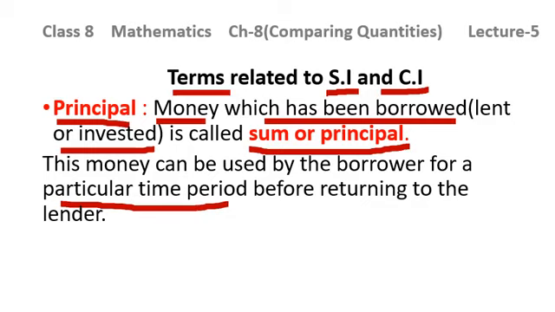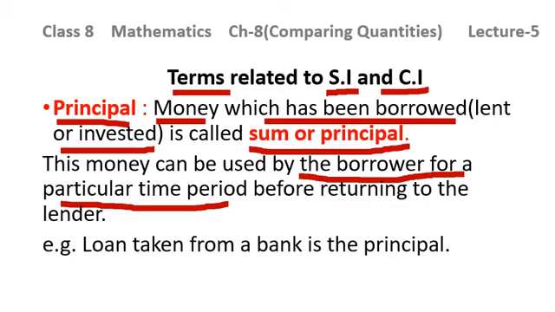Okay, so what do you mean by principal? The money which has been borrowed, lent or invested is called sum or principal, and this money can be used by the borrower only for a particular time period before returning to the lender. For example, a loan taken from a bank is the principal, and you can consult your parents also.